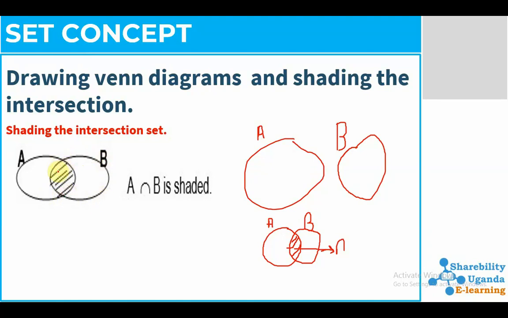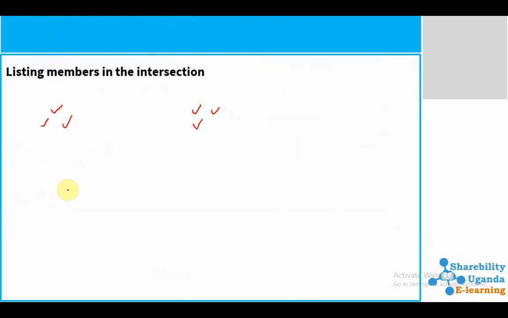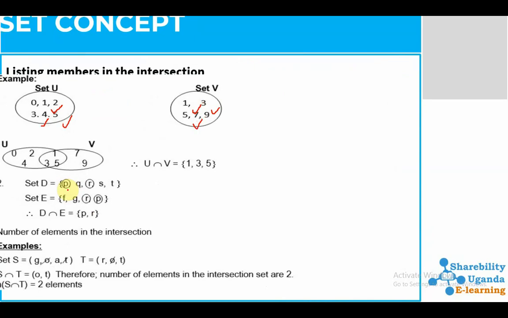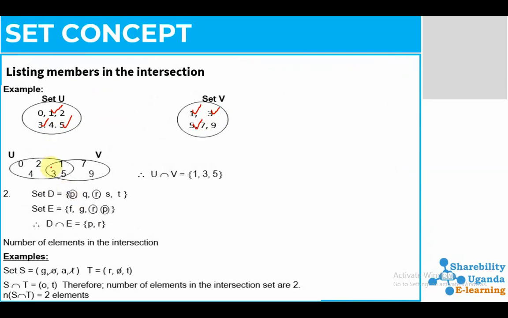So the members which are intersecting, you put them here. That's why here they have been able to bring our members.